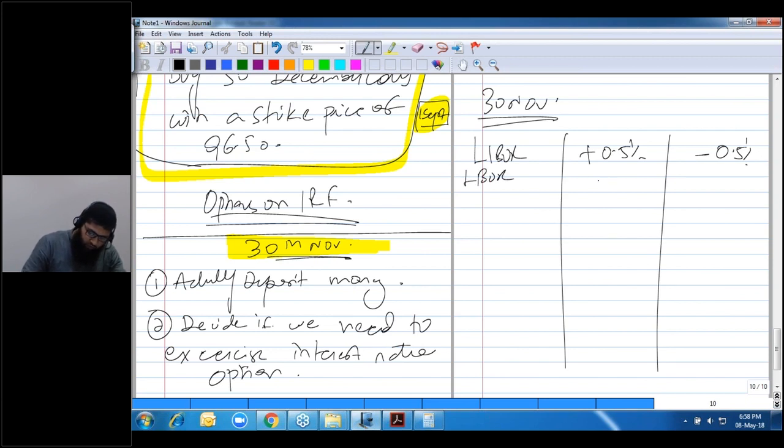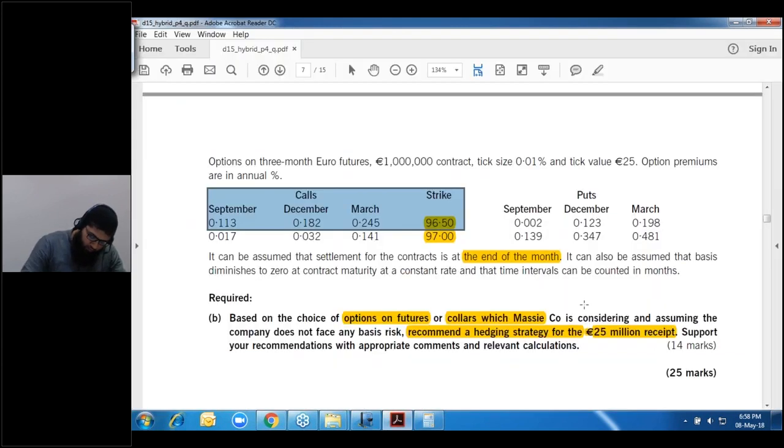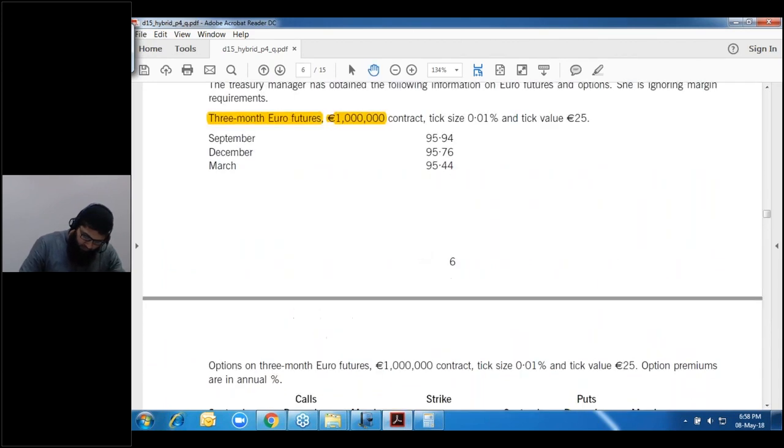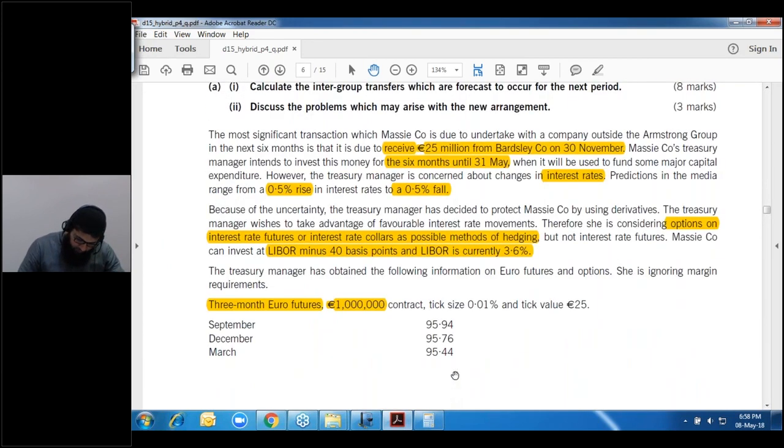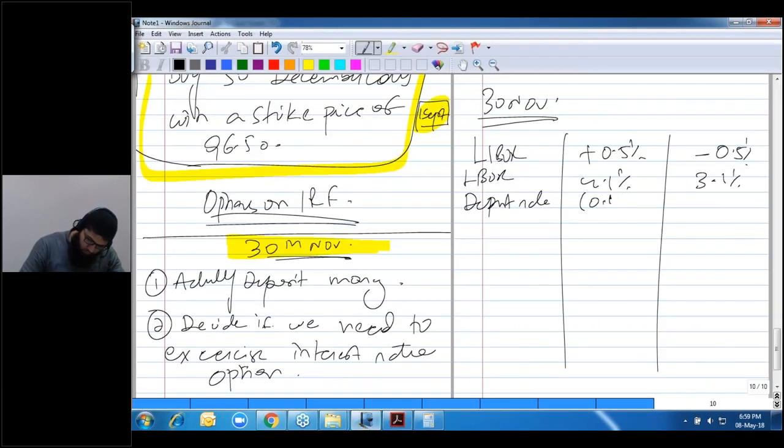So LIBOR presently is 4.1%, and it is going to be 3.1%. The deposit rate is going to be LIBOR minus the spread. The spread is 0.4%, right? So it's 4.1 minus 0.4 gives you 3.7%, and 3.1 minus 0.4% gives you 2.7%.